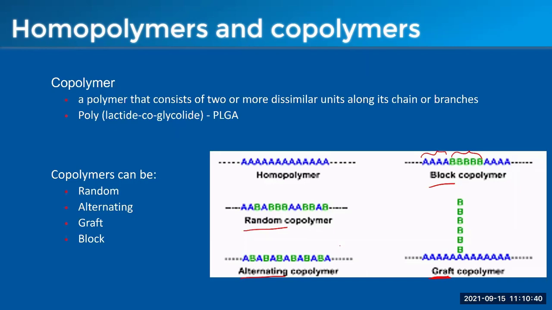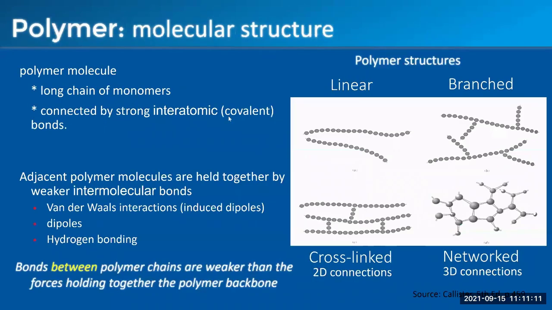If your boss told you, for example, we need some PLGA copolymer for a project we're doing for some kind of device we want to make, you would need to clarify, well, do we need a random copolymer, alternating, or graft copolymer? There are different types of copolymers. So what type of PLGA would you want? And then for that matter, you would want to know what the ratio of L to G is that you would need for your product. So just developing some vocabulary around polymers that we're going to be using later in the semester.